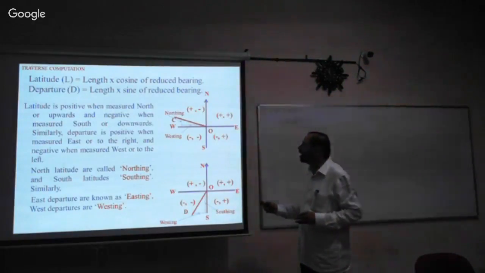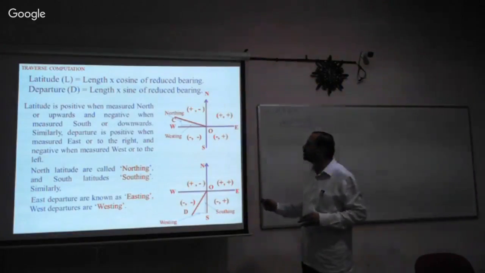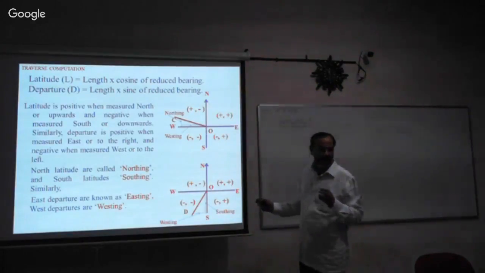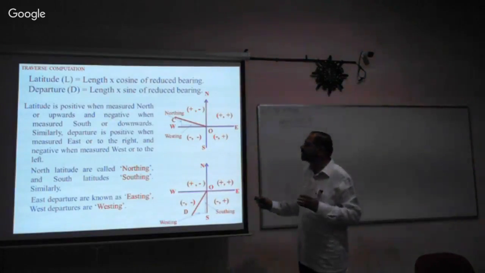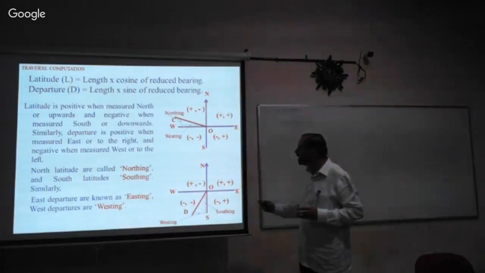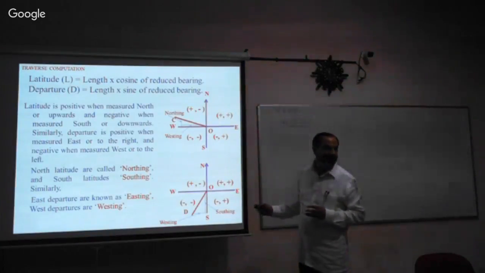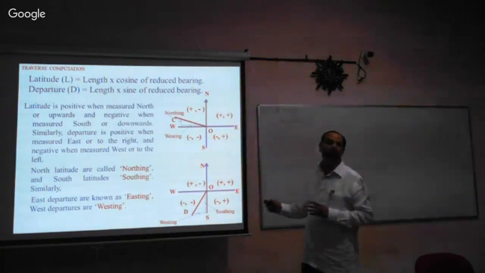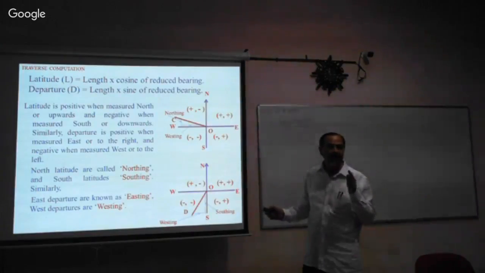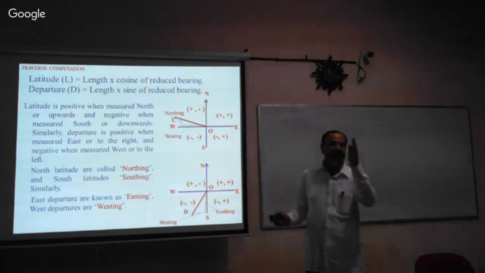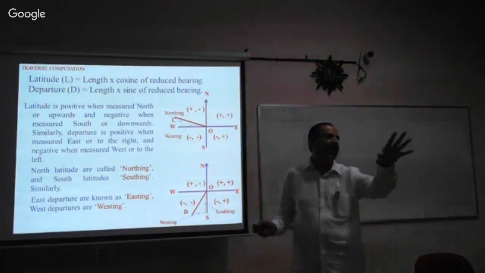Now, in another way, we can say the same line. The survey line CO, the latitude is measured southward, isn't it? From C to O. Please remember the progressive survey line direction, from where to where. Most important.